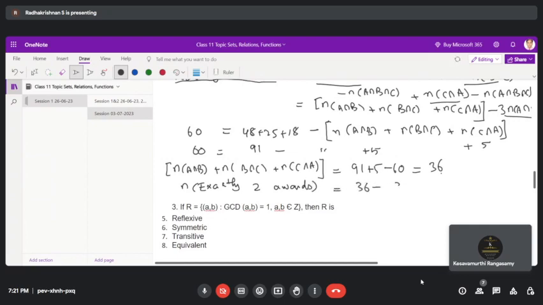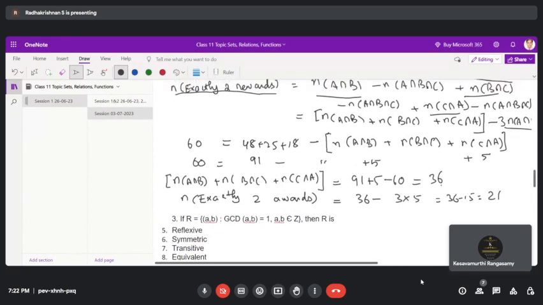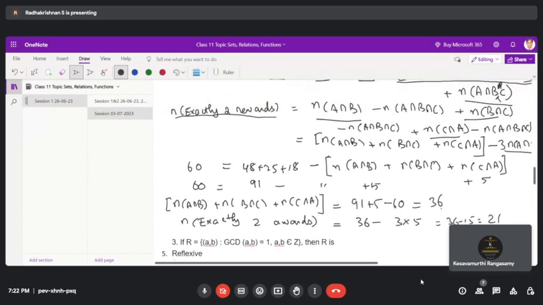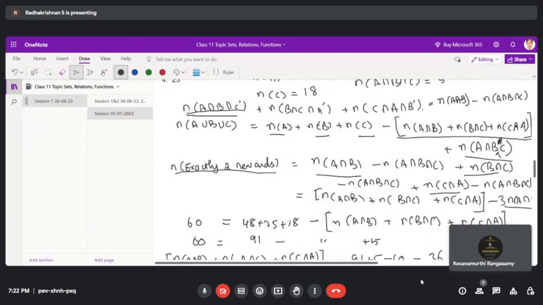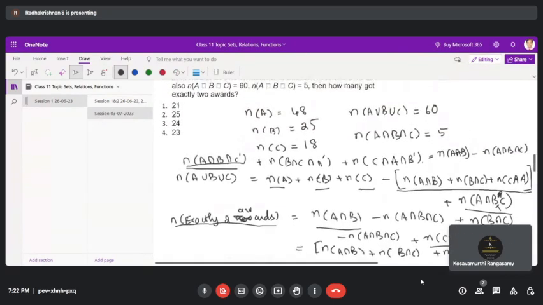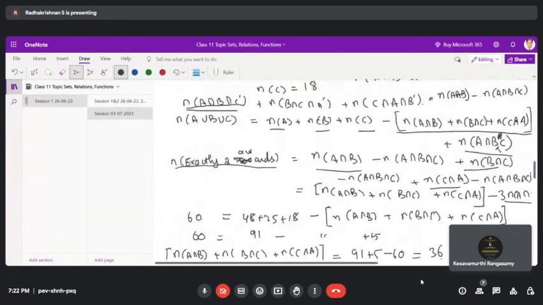This 36 minus 3 times A intersection B intersection C, which is 21. Not reward, reward. So you have that given, right? 21, option number A.